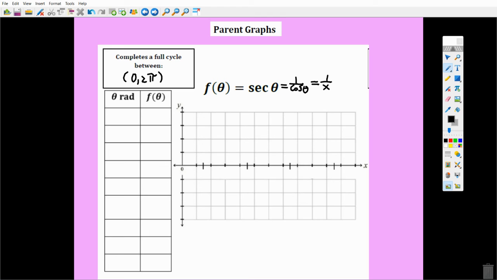So we're going to go ahead and fill this in. This is going to be between 0 and 2 pi. If we count all of these and split that up, we're going to go by pi over 4. So 0, pi over 4, so we can fit it all in there. Pi over 2.